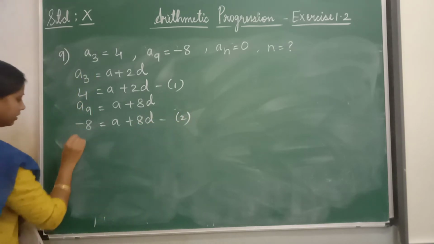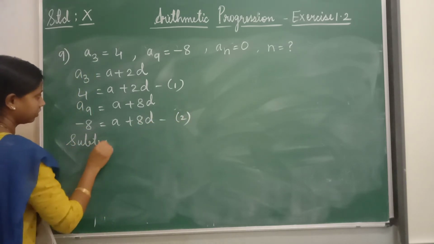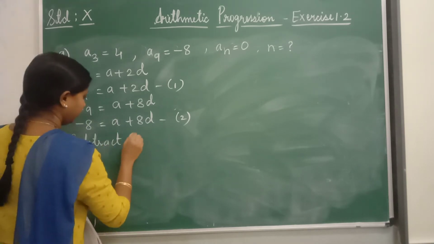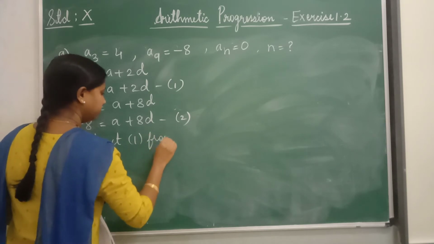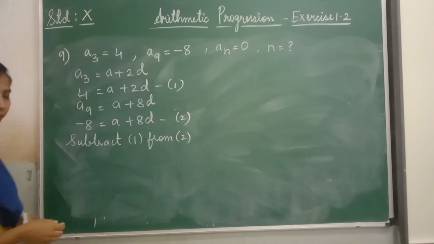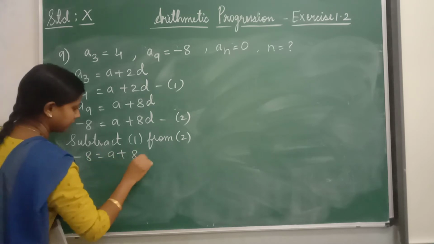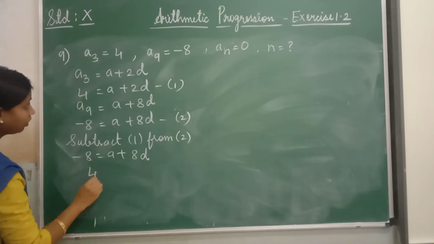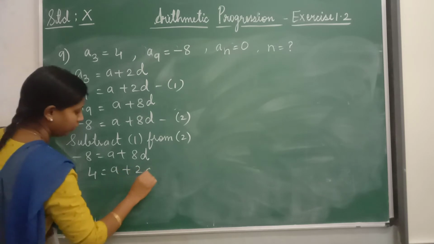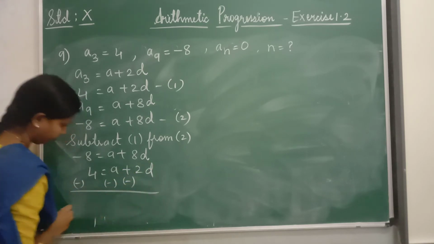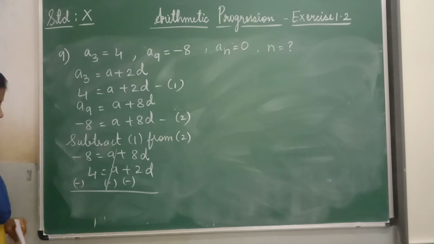Now subtract the first equation from the second. You get minus 8 equals A plus 8D and 4 equals A plus 2D. Change the sign. So A will get cancelled.